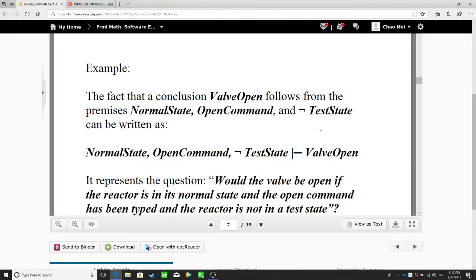Another way of doing the proof is called indirect proof. This is basically still the same. We have a whole bunch of things we already know. However, when we are doing the indirect proof, we assume that the conclusion is wrong.